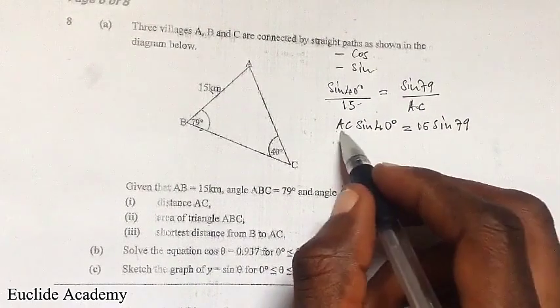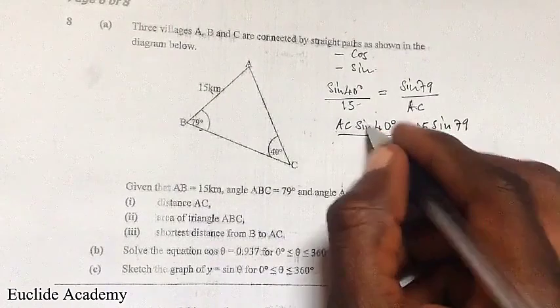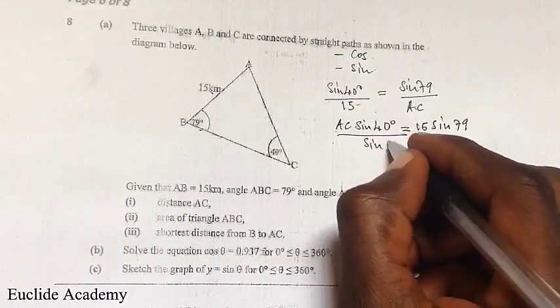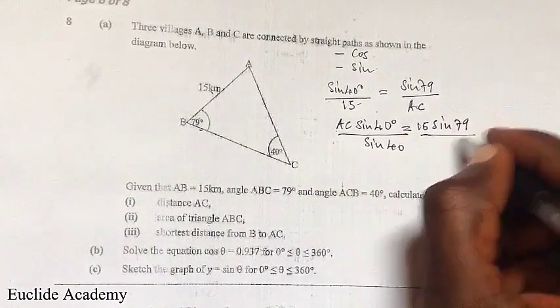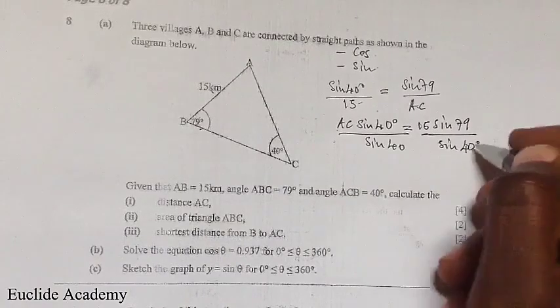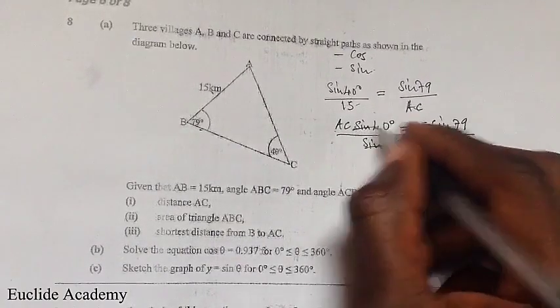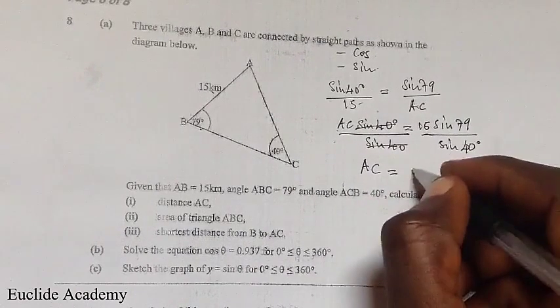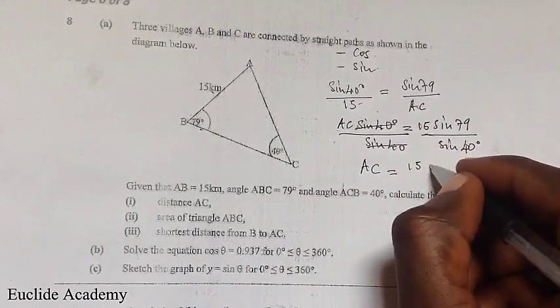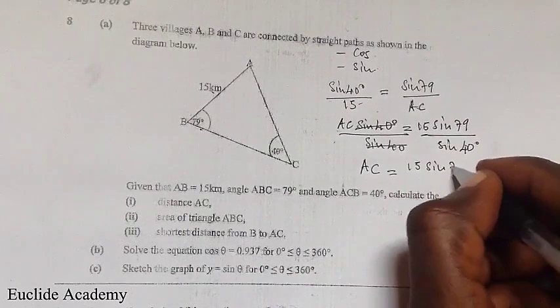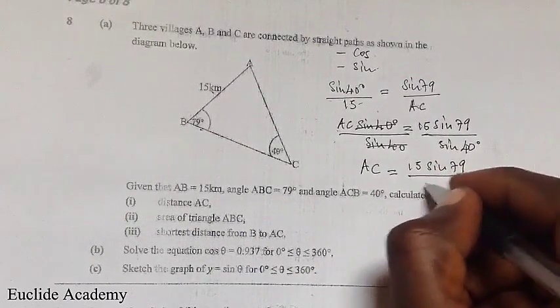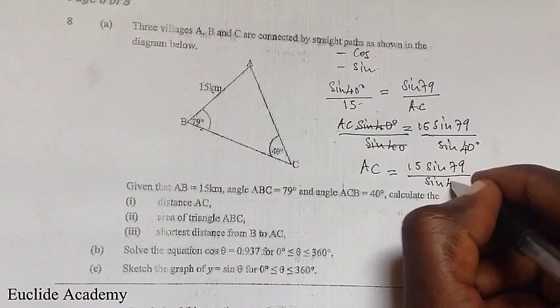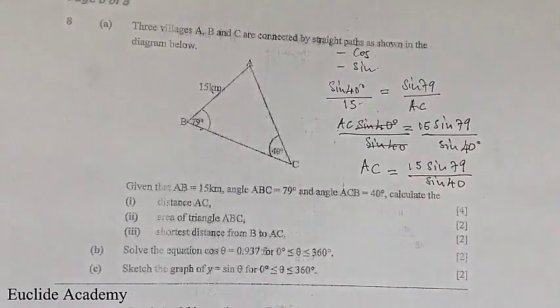So what do you do to remain with AC here? You're going to divide by sine 40 and that side by sine 40. Then we cancel this and cancel that. So AC equals 15 sine of 79 divided by sine of 40. That should give us AC.